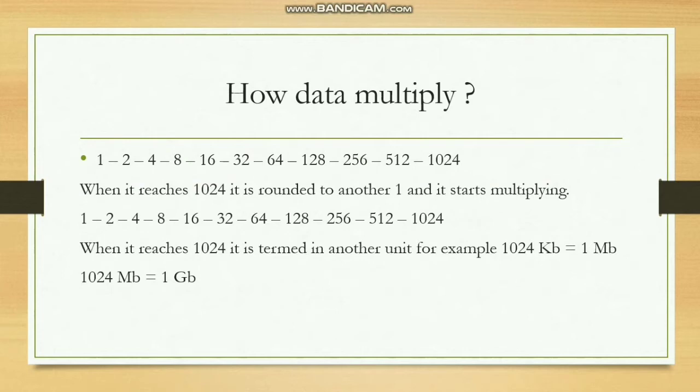For example, 1024 KB is equal to 1 MB. When you just say that there is 1 MB of data, you mean that there is 1024 kilobytes of data being handled at that time.